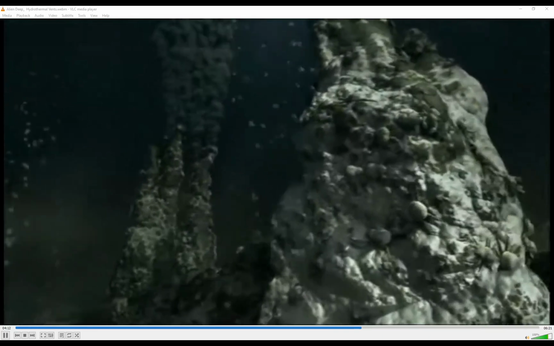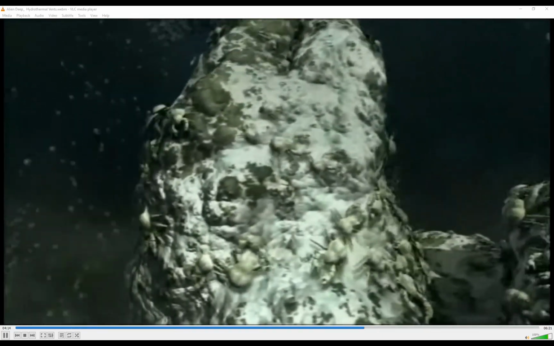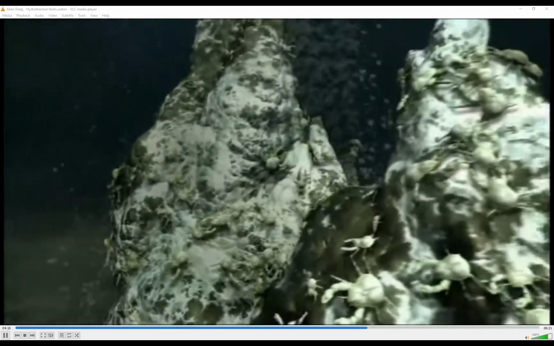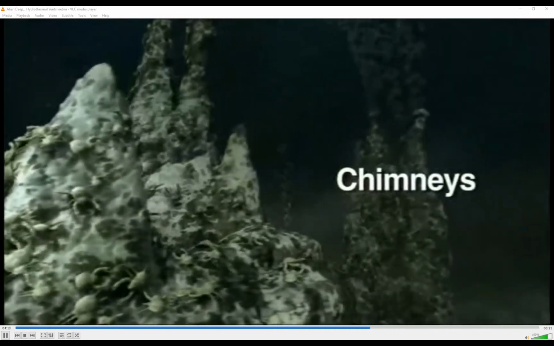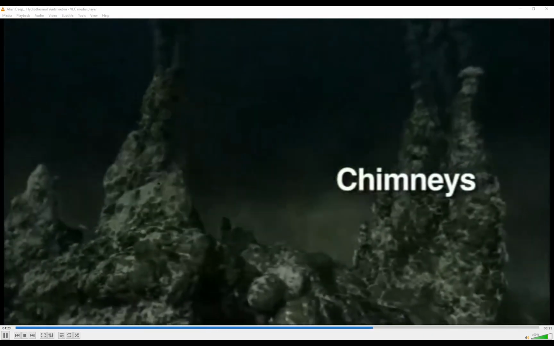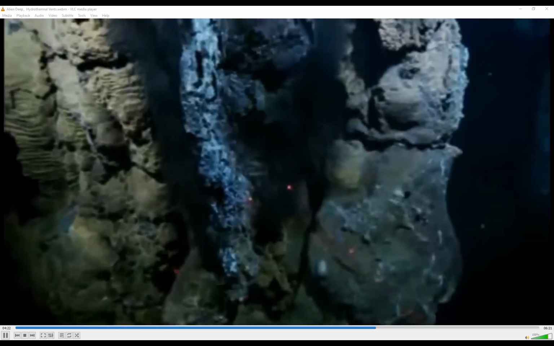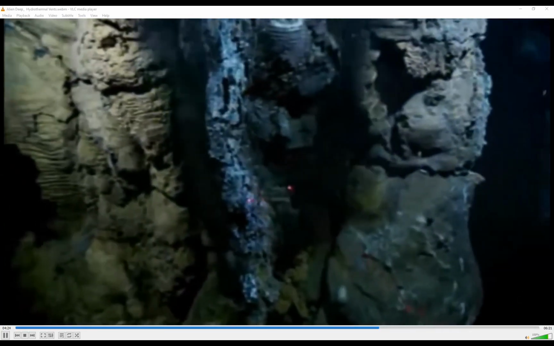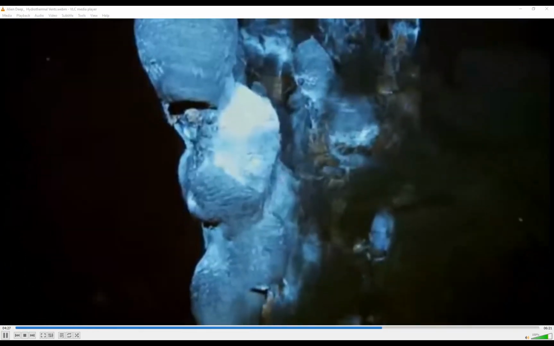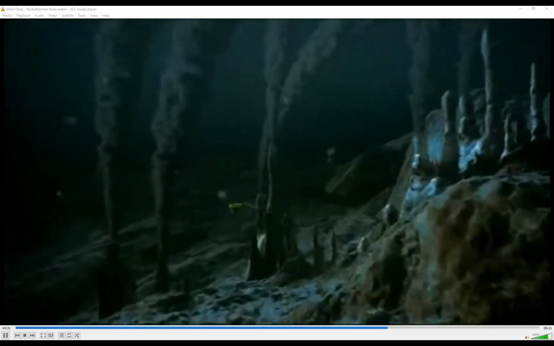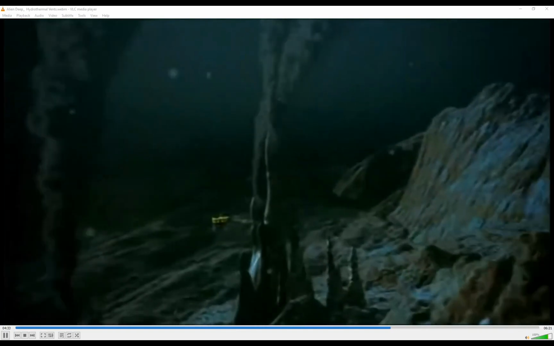As the dissolved minerals and metals encounter the freezing ocean water, they solidify in layers, forming massive structures called chimneys. Lasers, spaced about 10 centimeters apart, almost 4 inches, help scientists determine chimney size. Some chimneys have been spotted at heights of up to 18 stories tall.